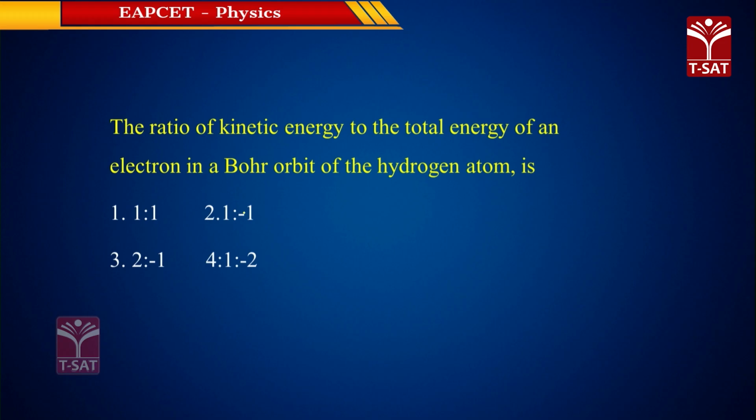See children, the ratio of kinetic energy to the total energy of an electron in a Bohr orbit of the hydrogen atom is, you know this formula children, total energy is equal to minus of kinetic energy.